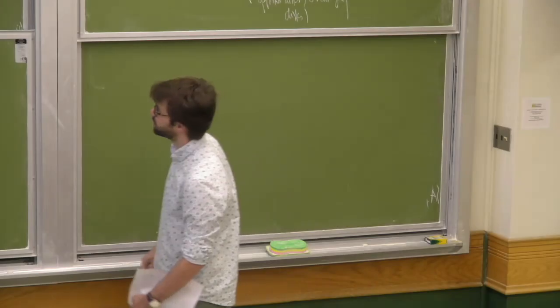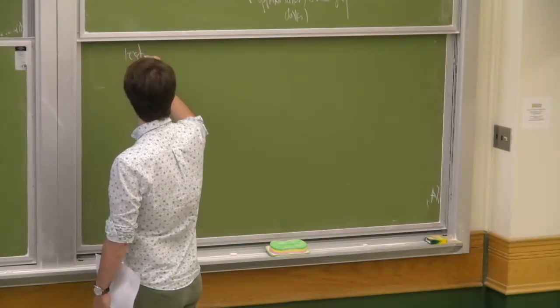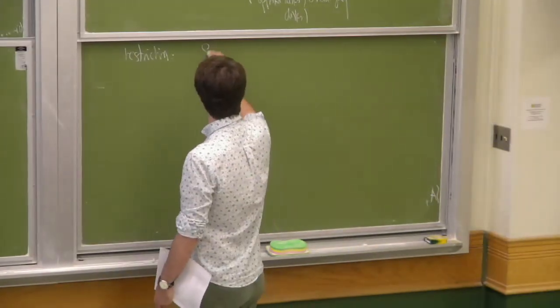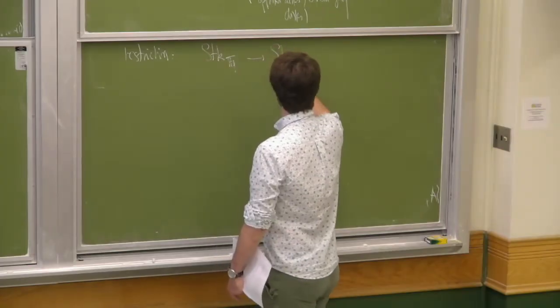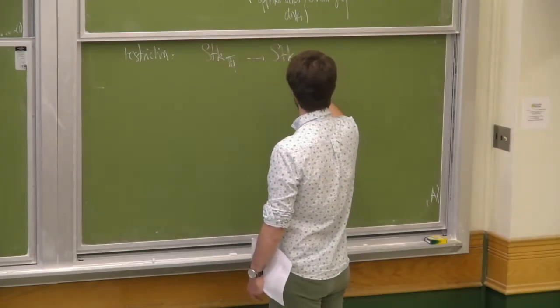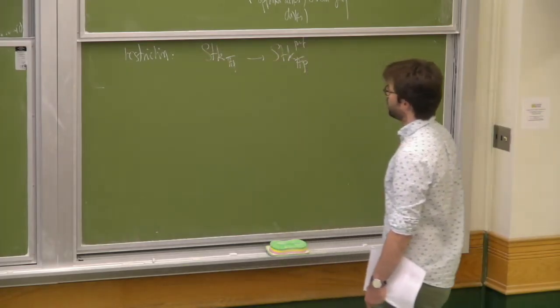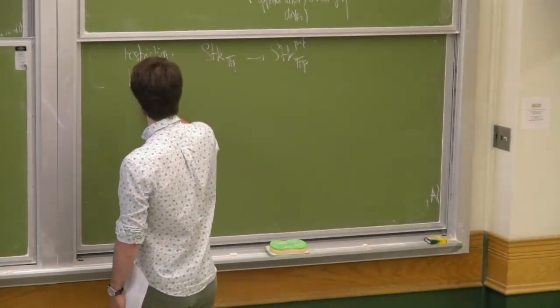So what I have is a restriction functor. If I have a stack which is defined on arbitrary F_p-algebras, I can just restrict to perfect F_p-algebras. And this functor has a left and a right adjoint.